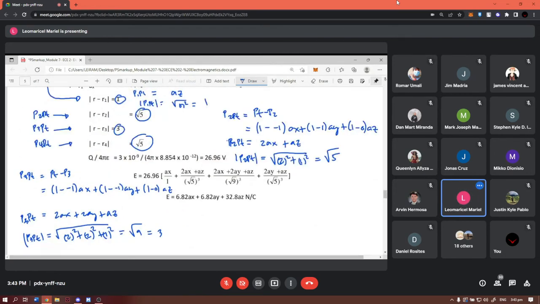Nasundan. So, kung kukunin natin yung unit vector, madali na lang kasi meron kang vector. Ang vector mo na ay ito na. Yung unang vector natin ay AZ lang. Susunod, 2AX plus AZ. Then susunod, 2AX plus 2AY plus AZ. Then, and so on and so forth. Okay. Nasundan kung paano nakuha yon.